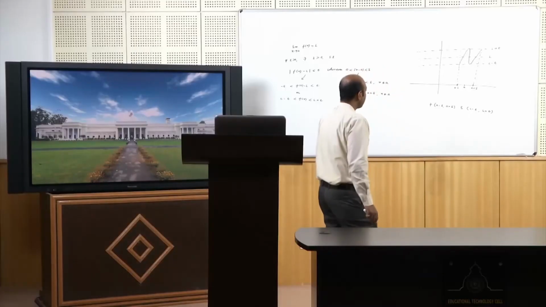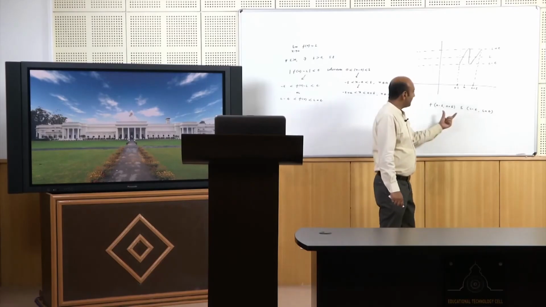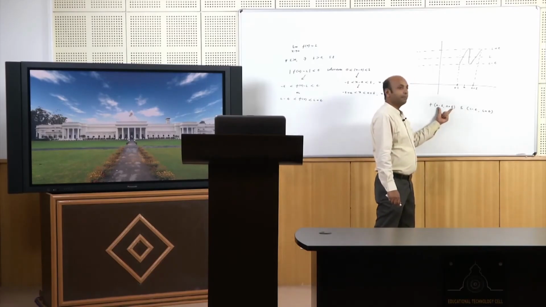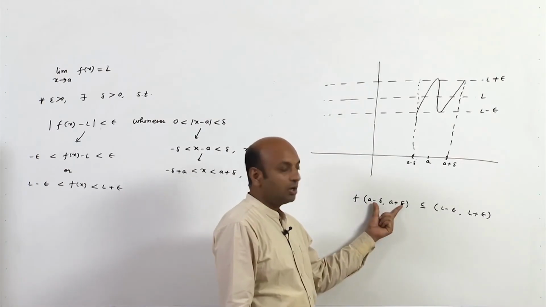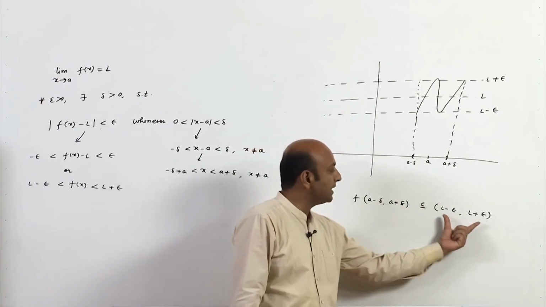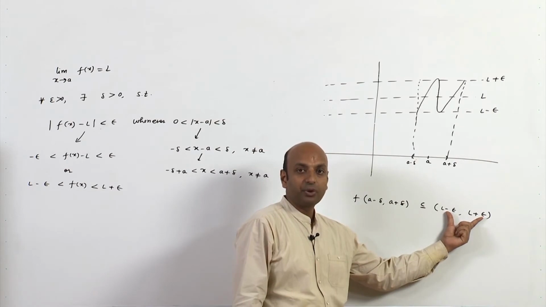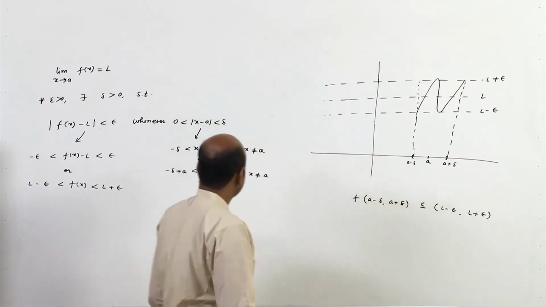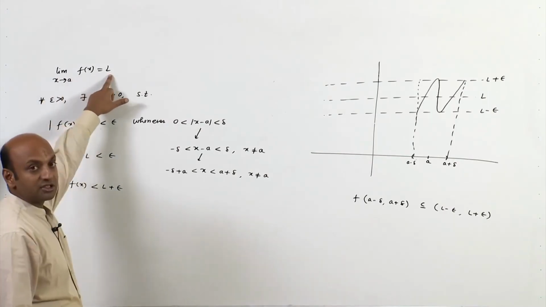That means for every epsilon greater than 0, there will exist a deleted neighborhood of x at a such that the image of all those x lying in this interval will be totally inside this band. So this is how we can define the limit of single variable functions.